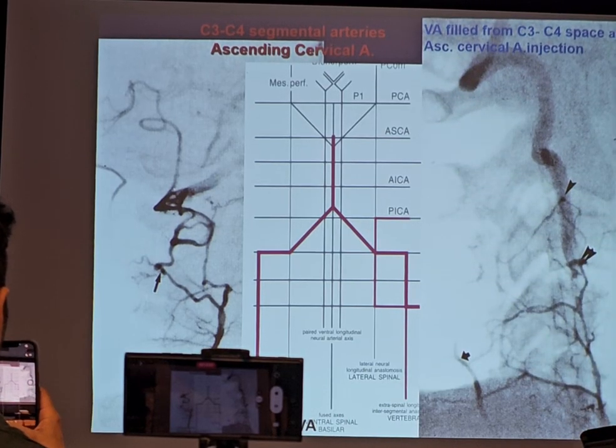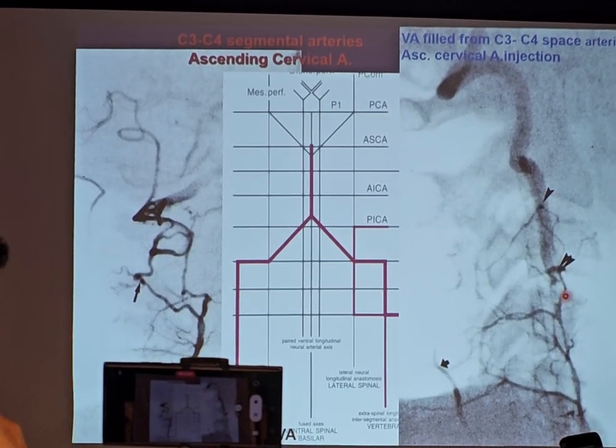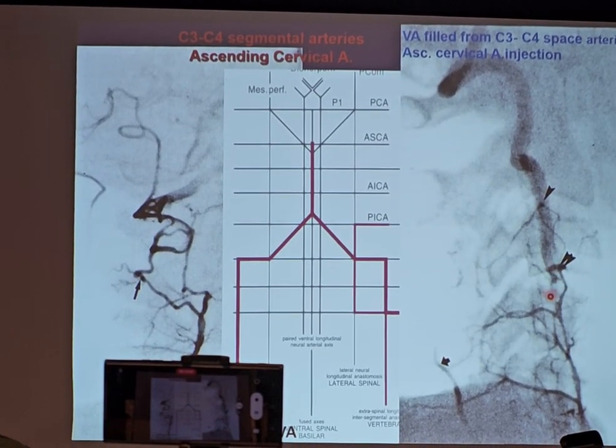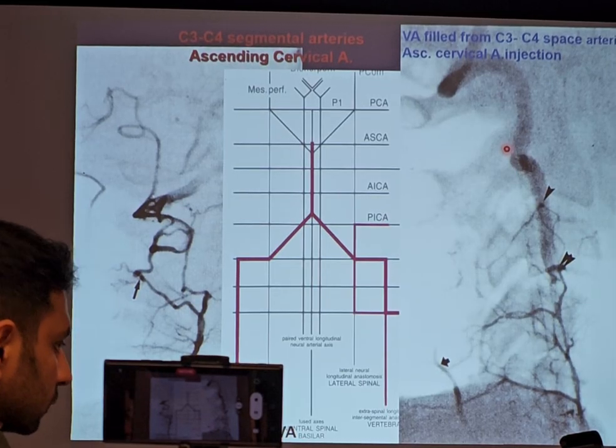Same as this. If you see, how come you see the vertebral artery from the C3, C4 segment there and not lower down, and you see this artery? So it's the same explanation: you have the more dominant flow into the C3, C2 segment and fill up the system over there.